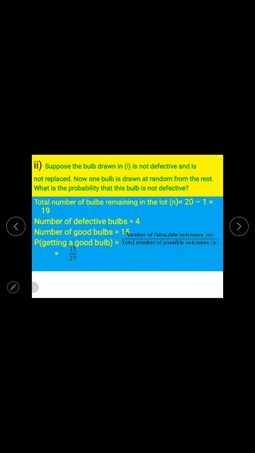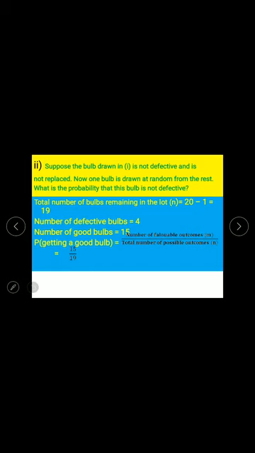Then what is the next one? Suppose the bulb drawn first is non-defective. That means in the first case we are taking a good bulb. Total 20 were there, out of which 4 were defective and 16 were good.